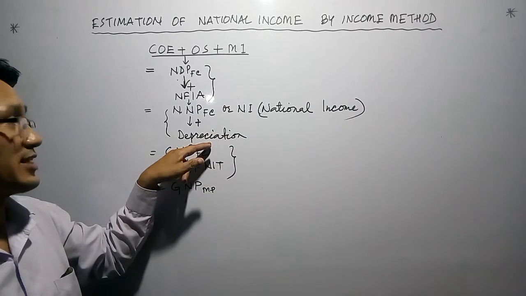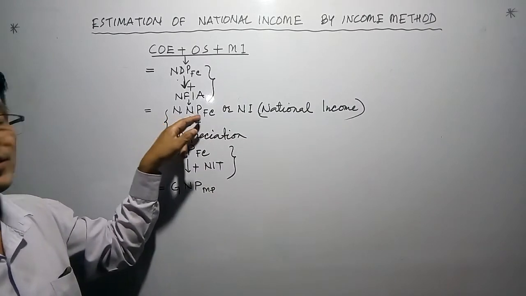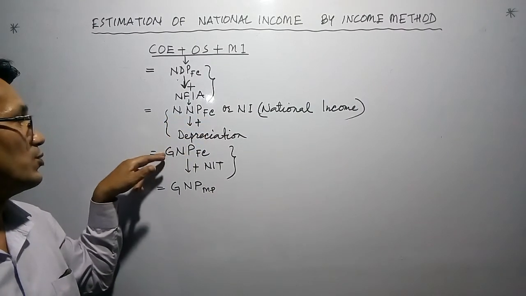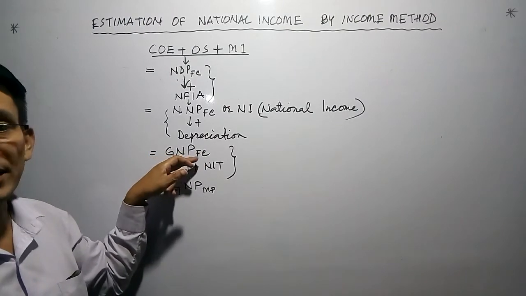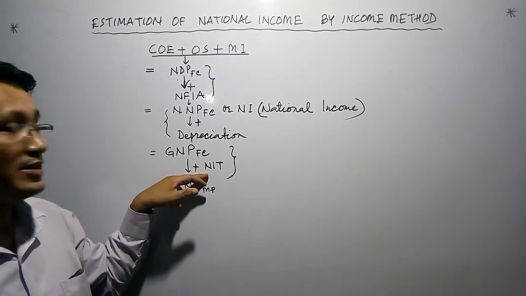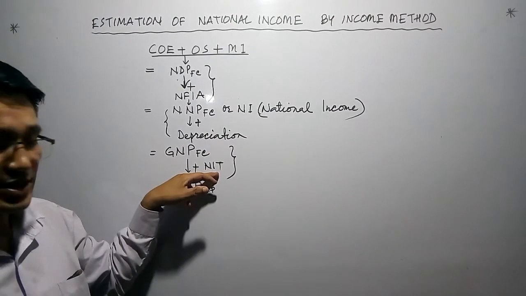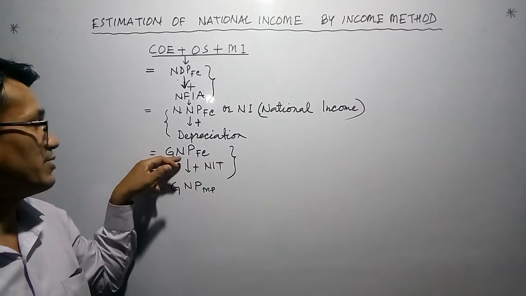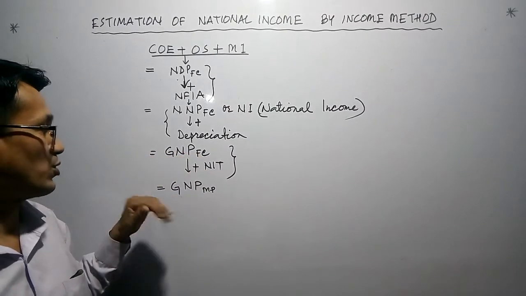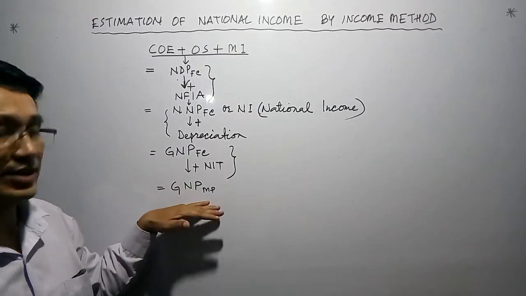If depreciation is added to the net national product at factor cost, we get GNPFC, that is gross national product at factor cost. If net indirect tax, NIT, is added to GNPFC, gross national product at factor cost, we get GNP at market price.